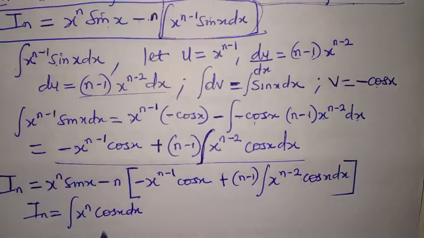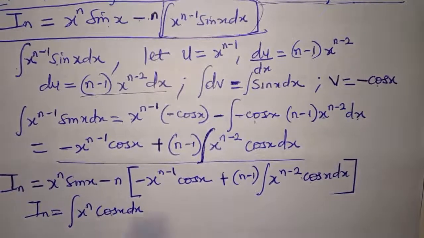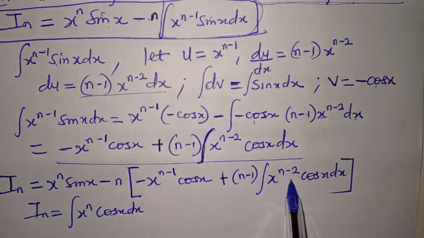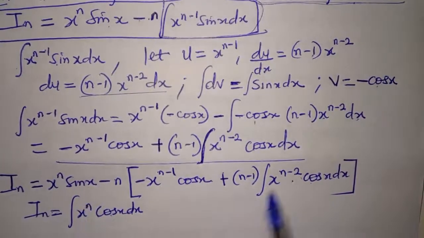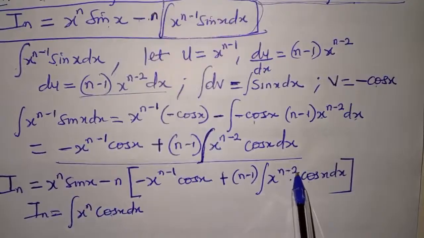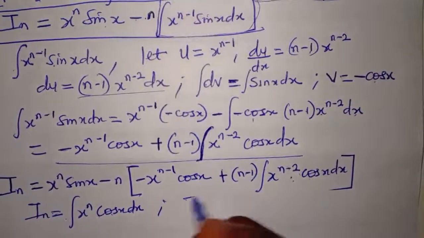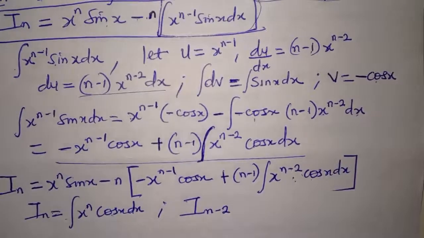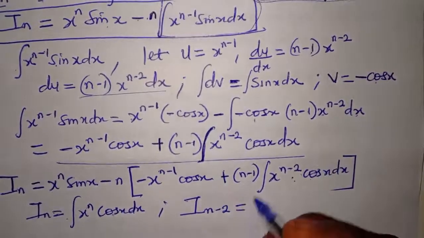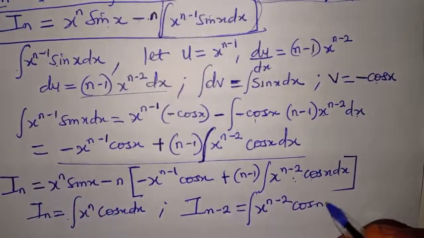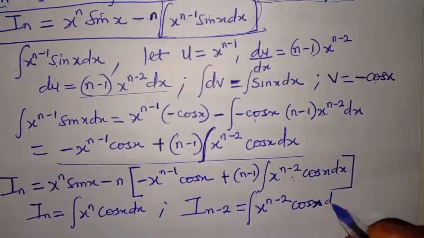Okay. So this and this look alike. Just that in place of n here, we have n minus 2 here. So if this is I sub n, then this should be I sub n minus 2, which is the integral of x to the n minus 2 cos x dx.